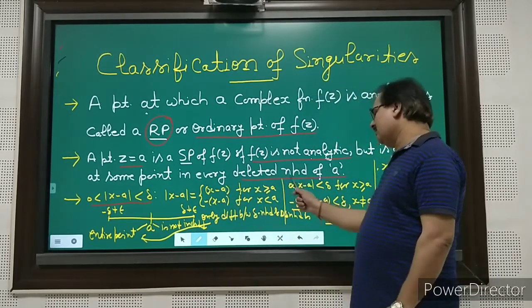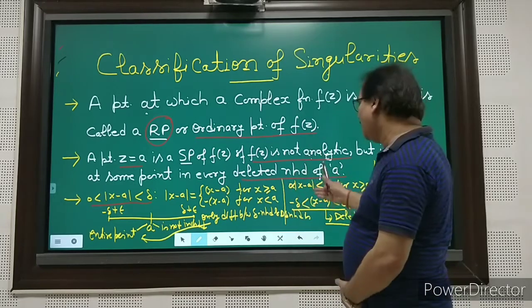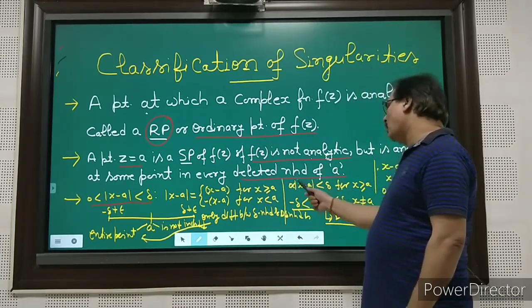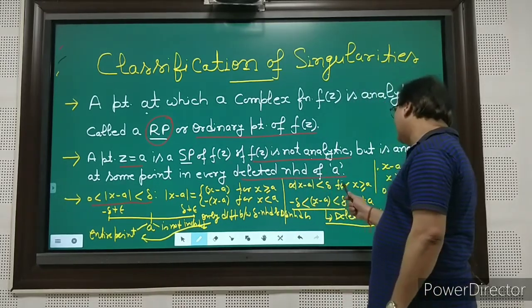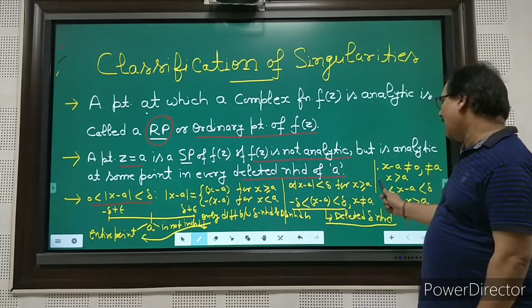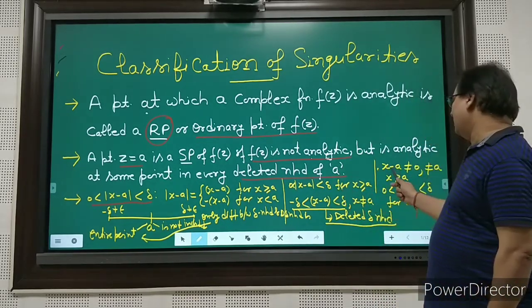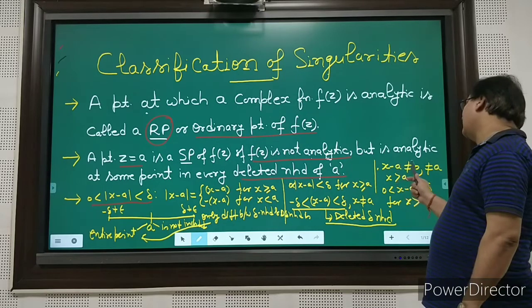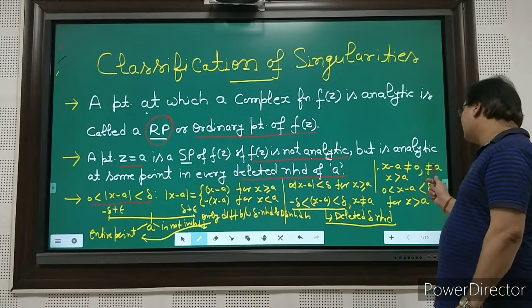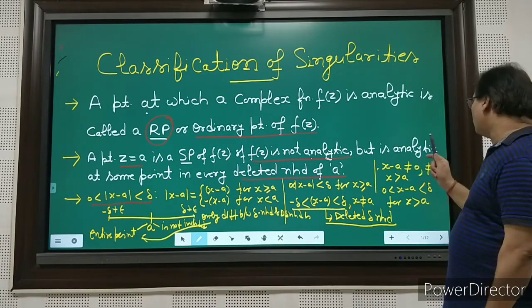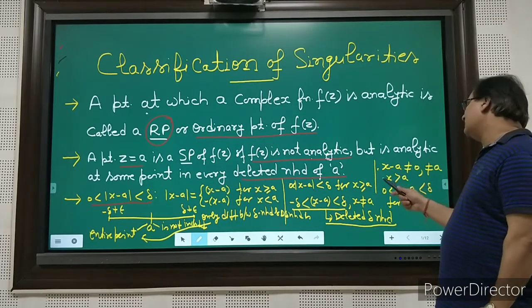Let us go one by one. If this is greater than 0 and less than del for every x greater than or equal to a, what is the meaning? x minus a is non-zero. It means x cannot be equal to a, so x is greater than a.